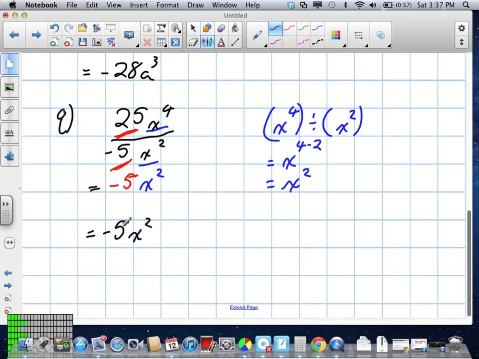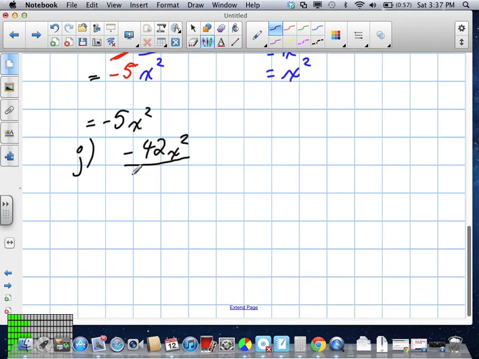Okay. So let's see if you can walk me through question J then, thinking about those rules. Negative 42x squared divided by negative 6x squared. What's the first thing we focus on? The negative 42 and the negative 6?